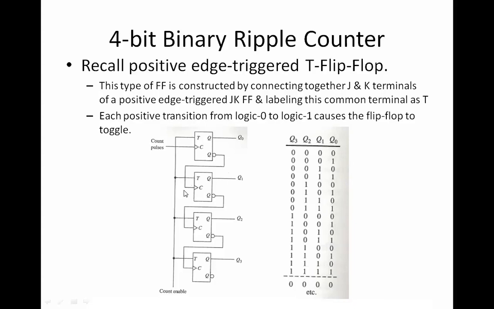It will wait till Q bar is high, and then it is enabled. The same explanation applies for the other two flip-flops as well. It should have a high value here, and only then is it enabled. So the values here will pass on to the next level only if these flip-flops are enabled.